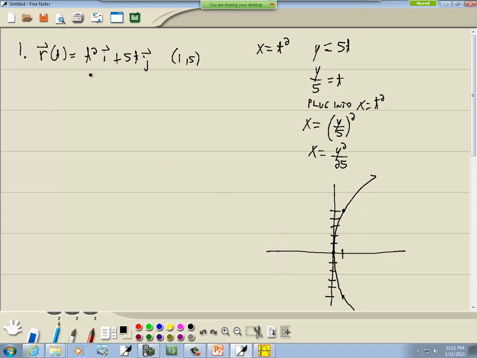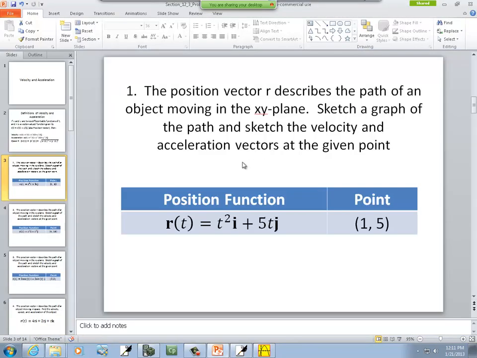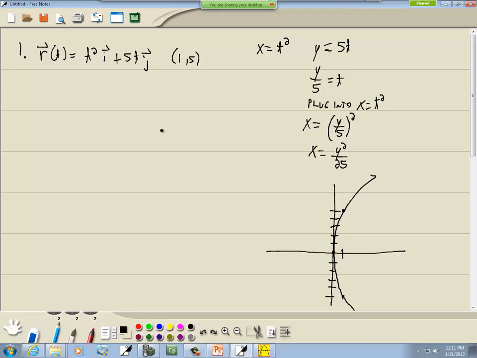Now, it wants us to find the velocity and acceleration vectors. Well, our velocity vector v is equal to our first derivative of r, which would be 2t i plus 5 j.